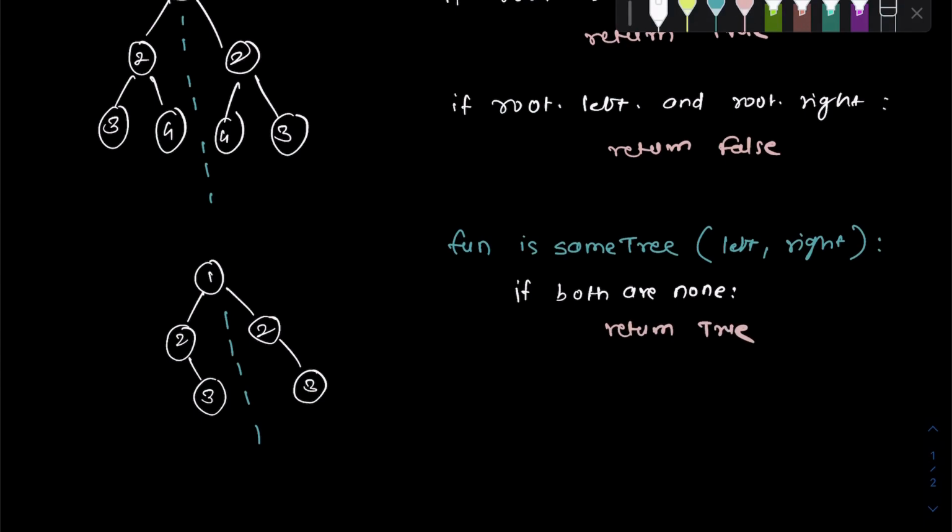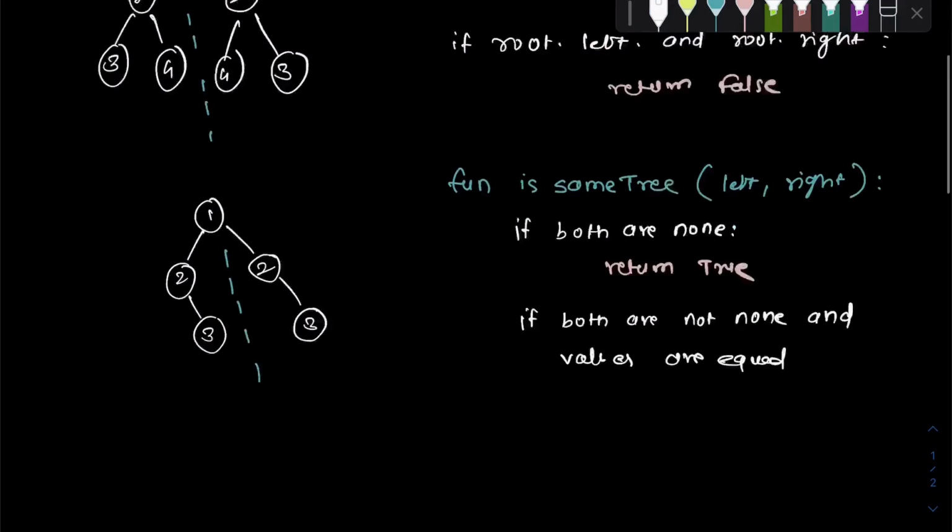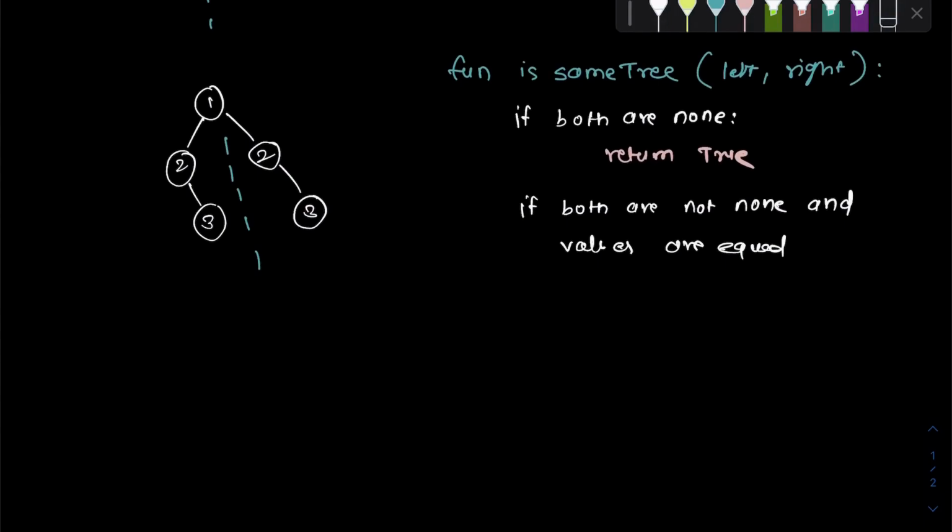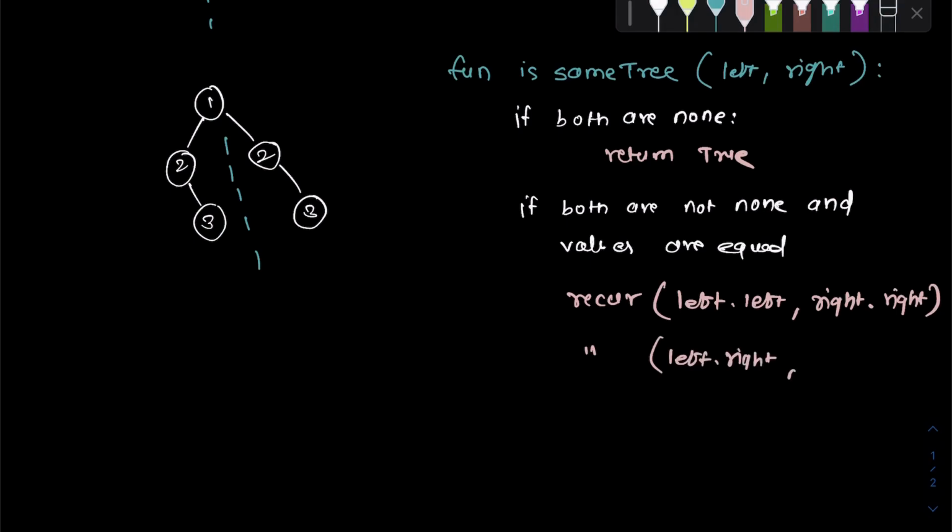Now, if both are not none and the values are equal, in this case recur for the left of left and right of right, and the same recur for the left of right and right of left.